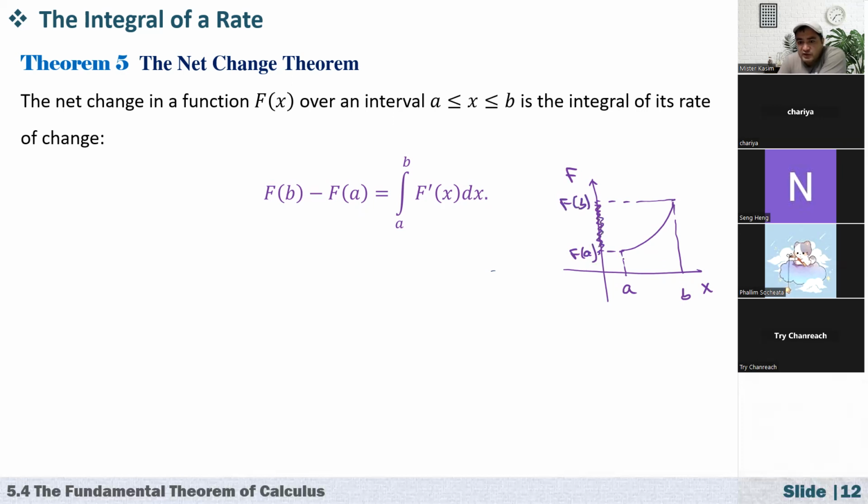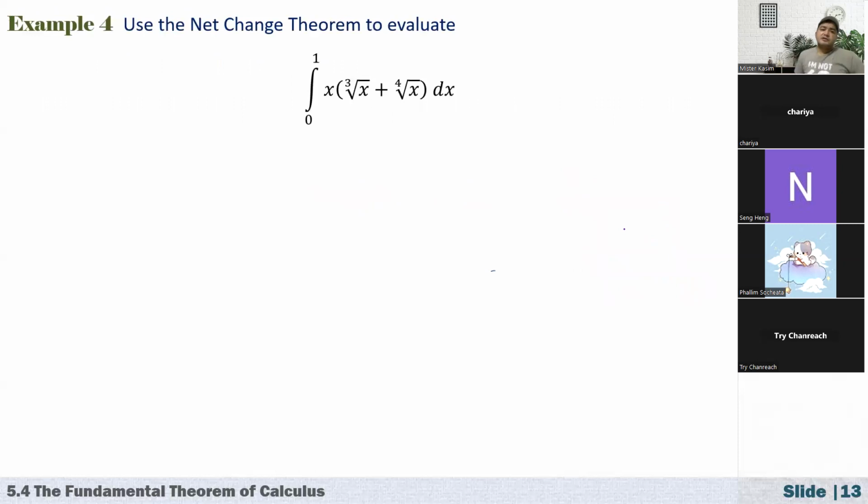So this one is the net change, F of b minus F of a. To find the net change, we just evaluate the definite integral of its rate of change, because f prime of x is the rate of change of this function over this interval, right?